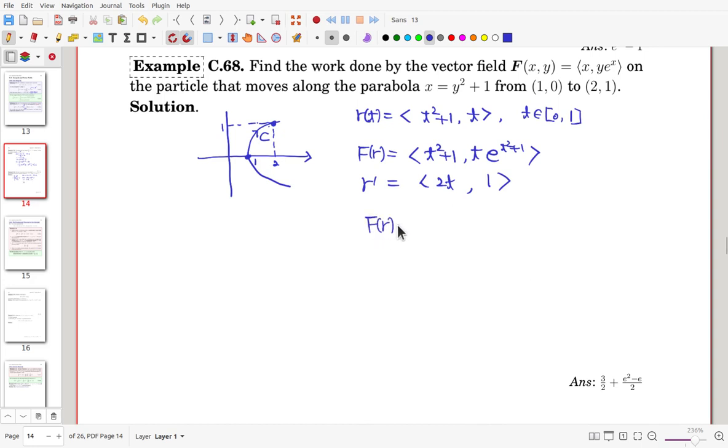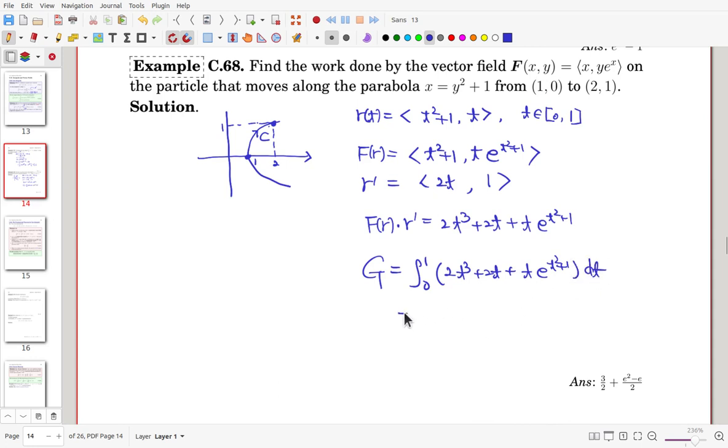This multiplication will make 2t cubed plus 2t, and that is t e to the t squared plus 1. So the line integral is from 0 to 1, t is moving from 0 to 1. Now that is the integrand: 2t cubed plus 2t plus t e to the t squared plus 1, now dt.